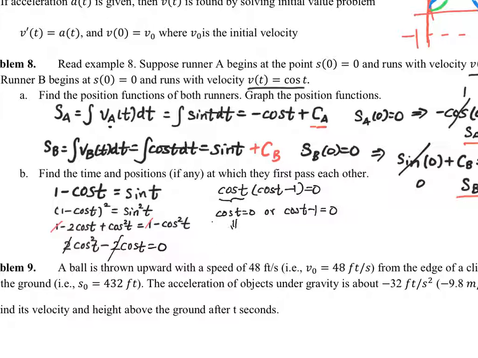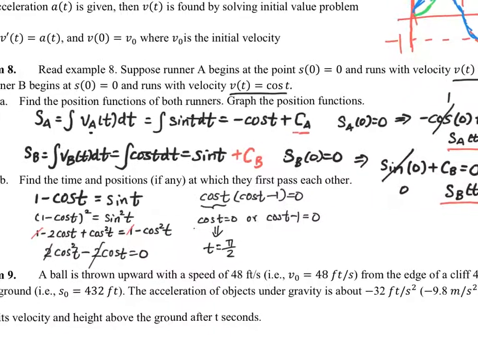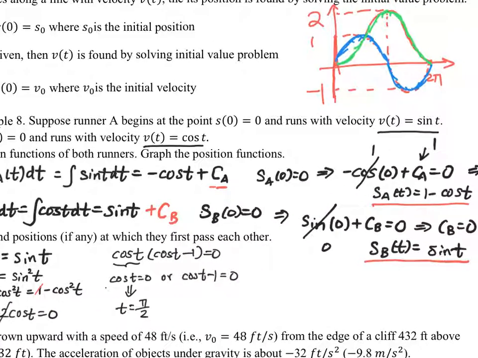From cosine t equals 0, we do know that t is equal to pi over 2. So that seems to match our graph. You would probably know that this point is actually pi over 2. That's when they meet.